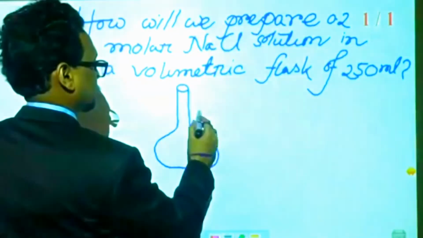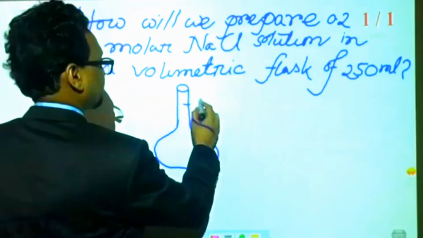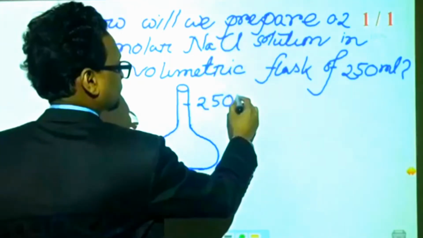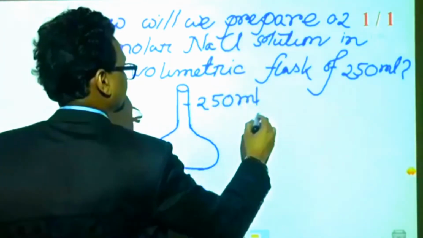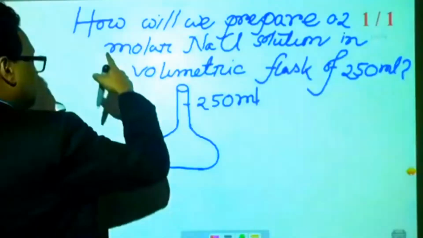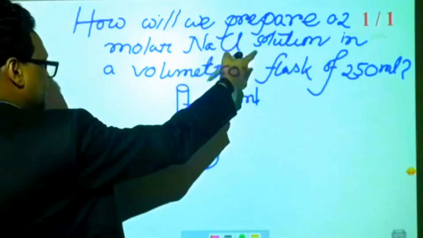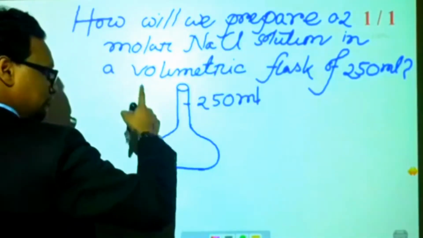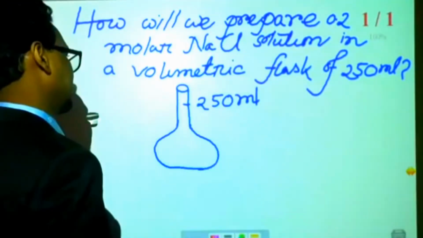This is 250 milliliter. Here is the marking, 250 milliliter. How will we prepare 0.2 molar sodium chloride solution in a volumetric flask of 250 milliliter?